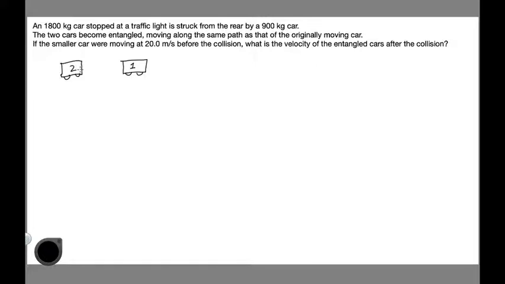So car number 2 strikes car number 1 from behind, and it has a velocity of 20 meters per second. So let's call this velocity V2I.